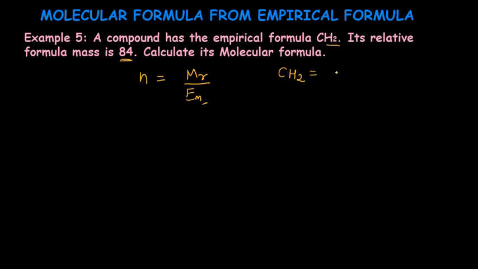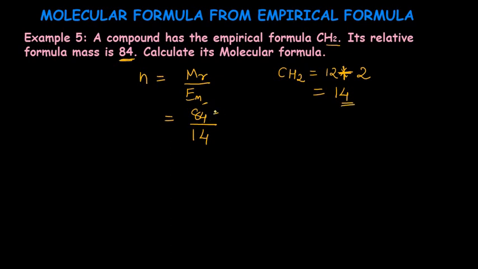So what is its mass? For carbon the relative atomic mass is 12 and for hydrogen we need to add, so for hydrogen we have 2. So the empirical mass turns out to be 14. So we need to divide 84, which is the relative formula mass, by 14, which is the empirical mass.